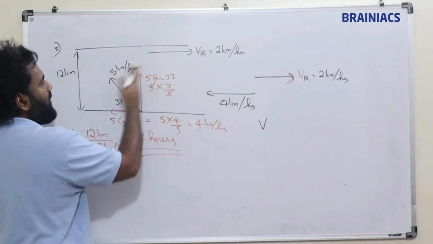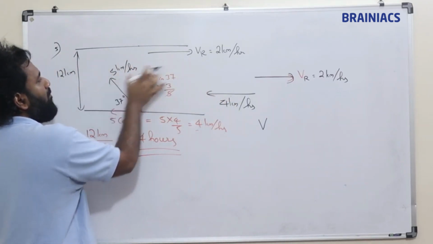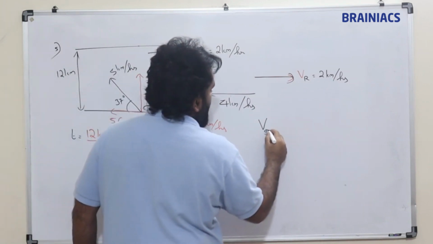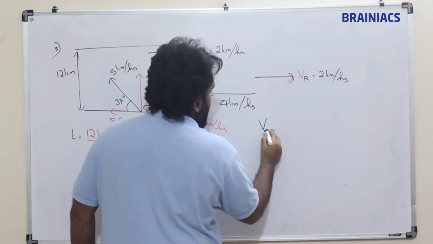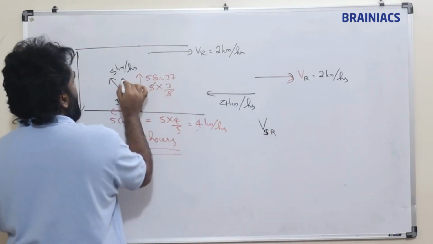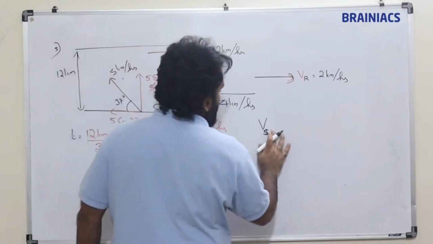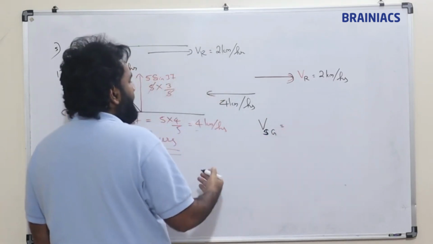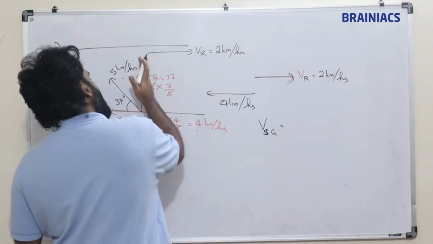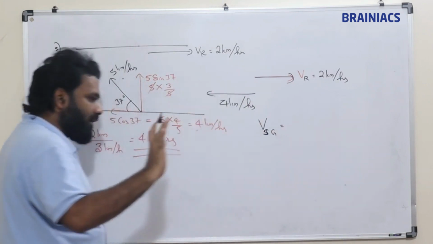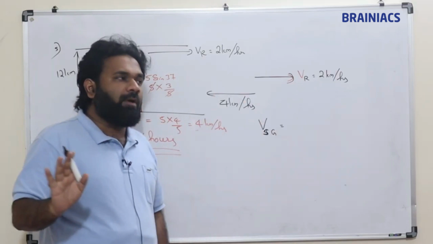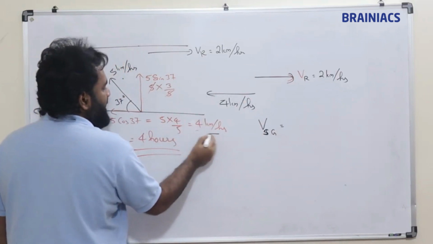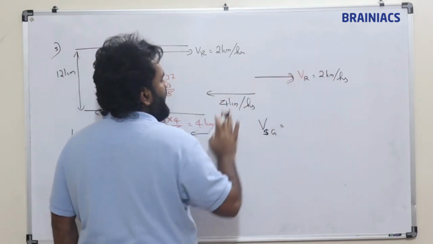So the relative velocity between the swimmer and river, what will happen? Velocity of the swimmer with respect to ground, if we consider, we can consider the vertical component and horizontal component also, but instead of going for all that, this is 4 km/h in this direction, and that is 2 km/h in this direction.